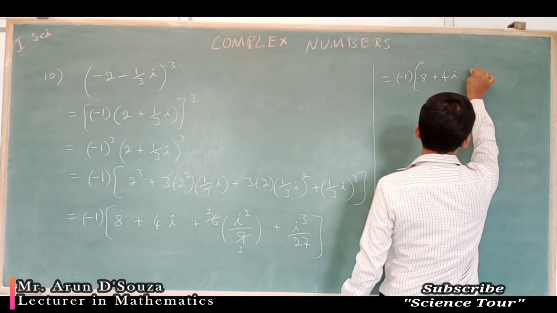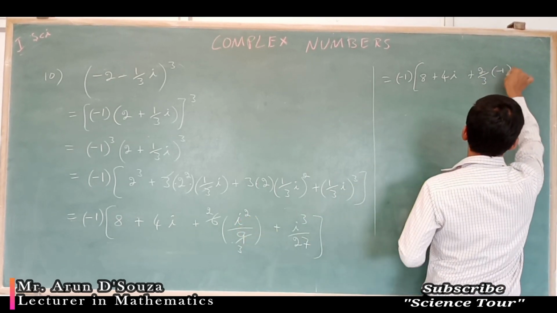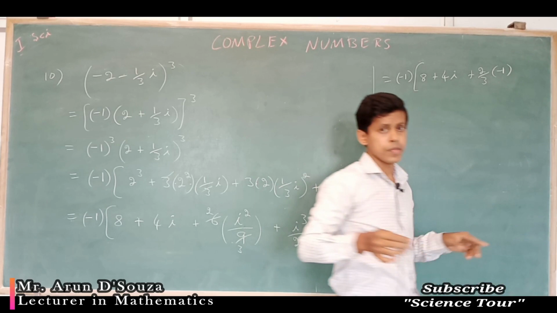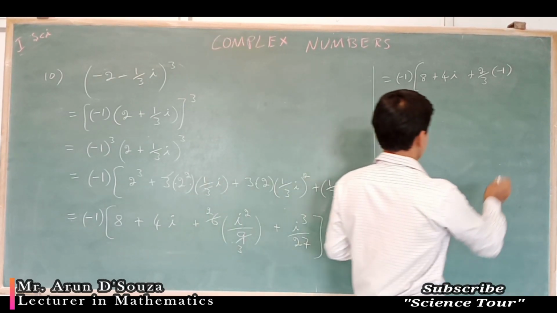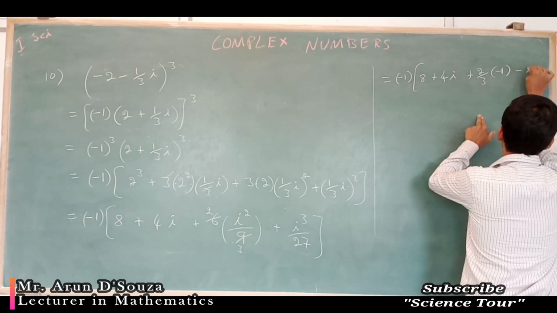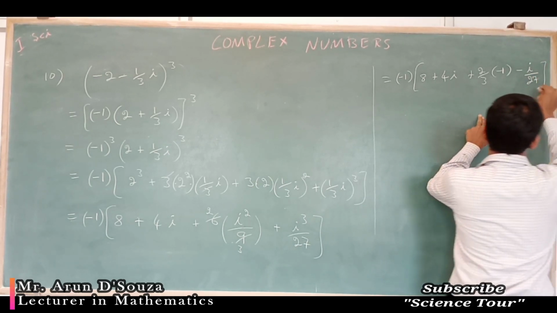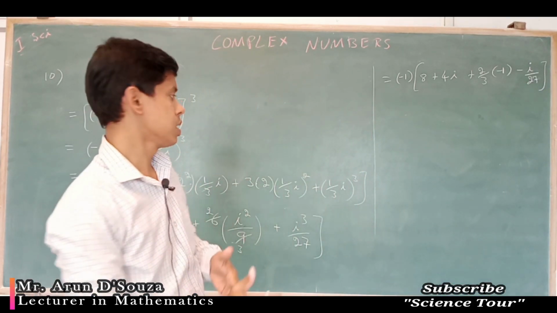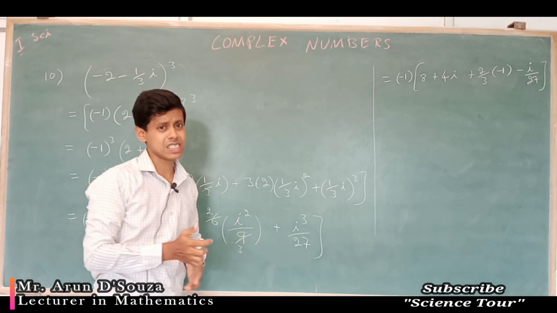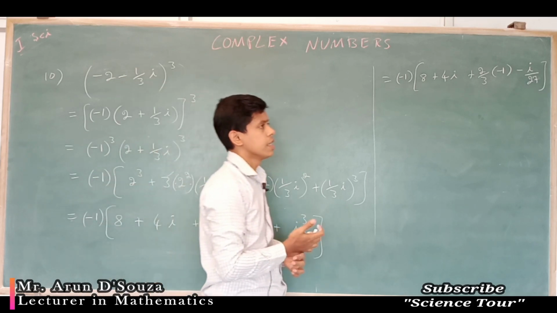So 2 by 3 into i square is minus 1. Remember, i square is minus 1. What is i cube? Minus i. So just like in the previous problem. Okay, so i square is minus 1, i cube is minus i. Correct.